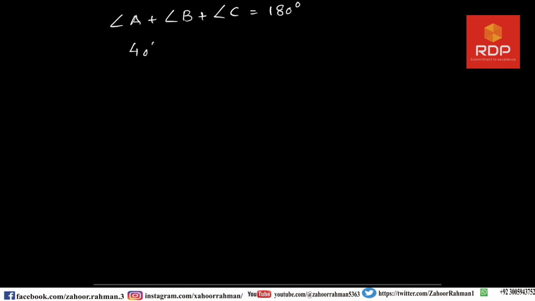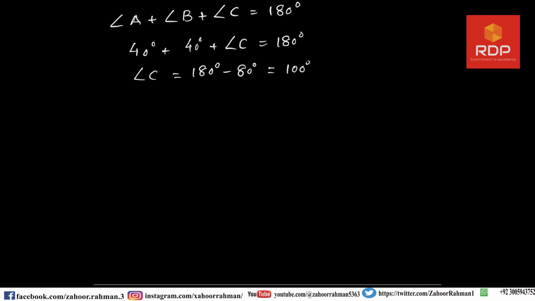Because the two base angles are equal in measurement, we can find the third one as well. Now very simply we can say that 180 degree minus 80 degree is equal to 100 degree. So that is the answer of the first part.